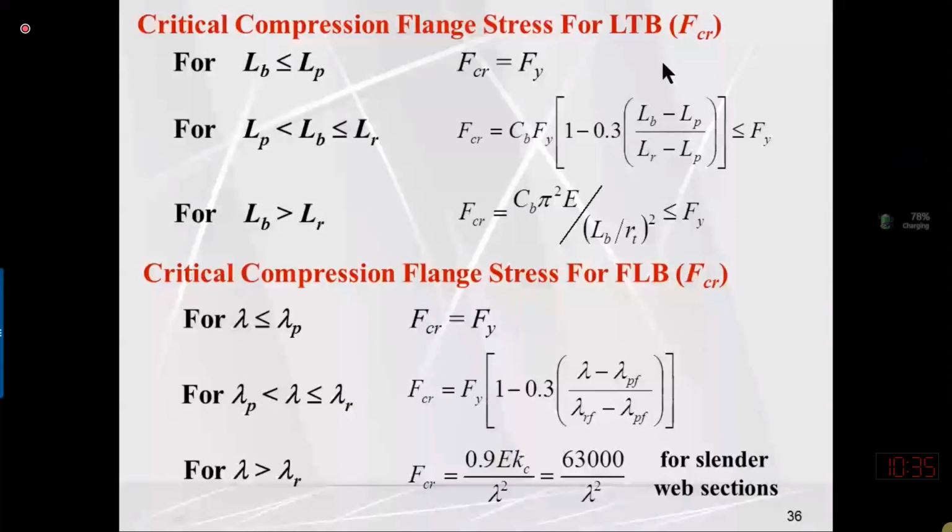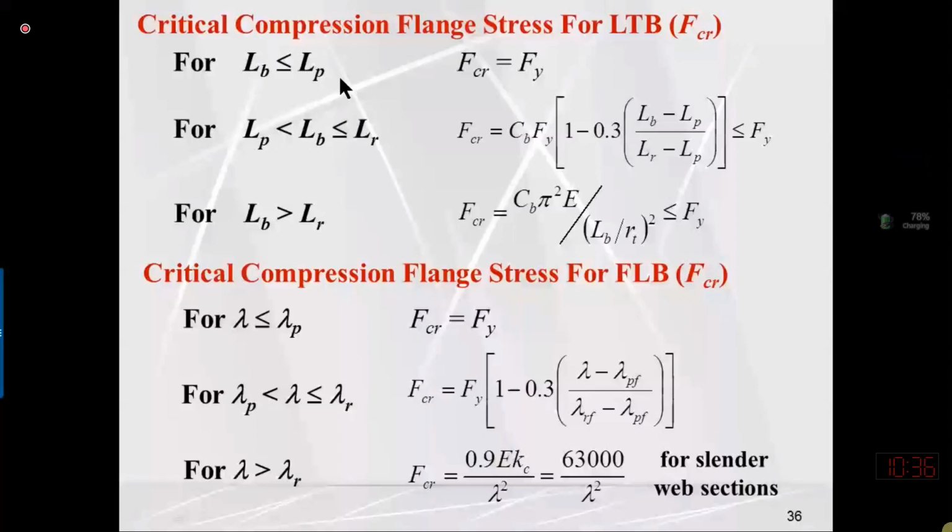So the FCR value based upon lateral torsion buckling will be determined by using the factors LP and LR. We will compare the unbraced length against LP and LR to check the class of the beam section with respect to lateral torsion buckling.